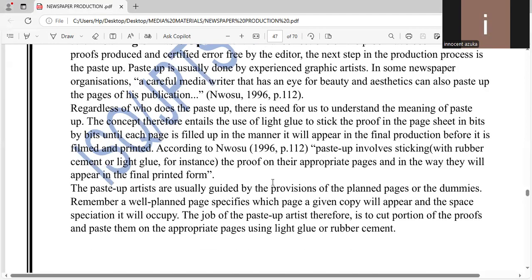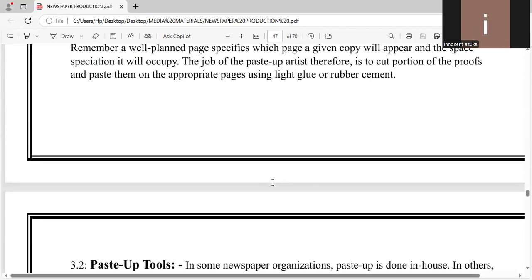The paste up artists are usually guided by the plans of the pages. So a paste up involves sticking, through rubber cement or light glue, for instance, the proof on the appropriate pages in the way they will appear in the final printed form.